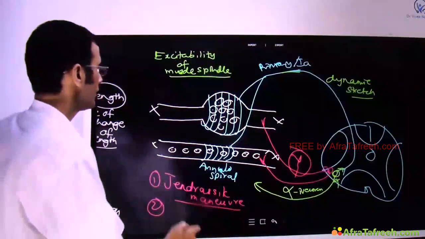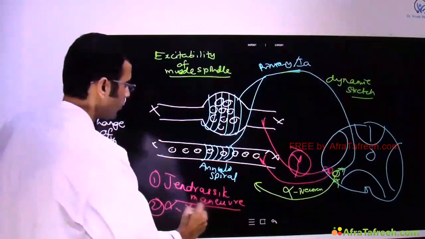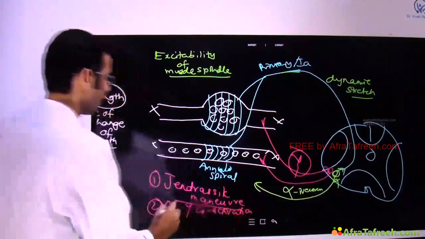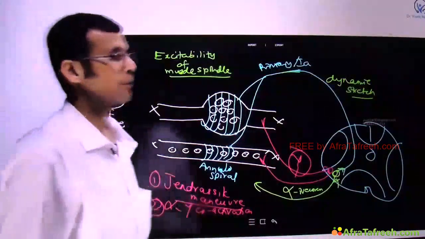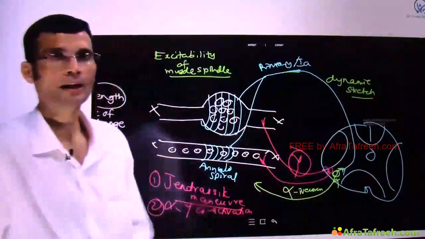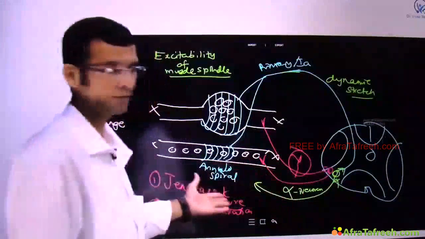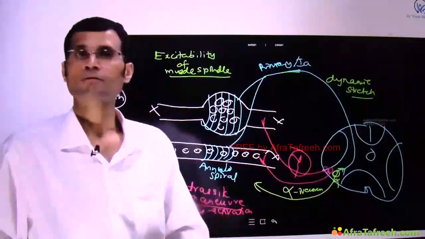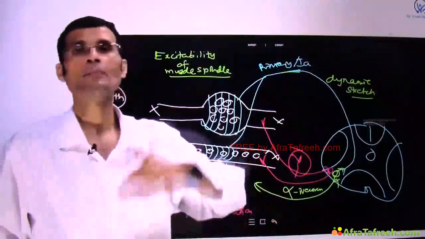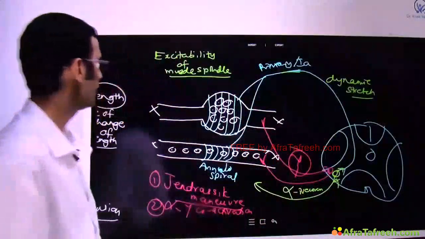And the second is alpha gamma coactivation or alpha gamma linkage. You see, muscle contraction is the job of alpha motor neuron. Alpha motor neuron innervates the extrafusal fibers, and when it causes extrafusals to contract, the muscle is contracting, movement will happen. Fine.